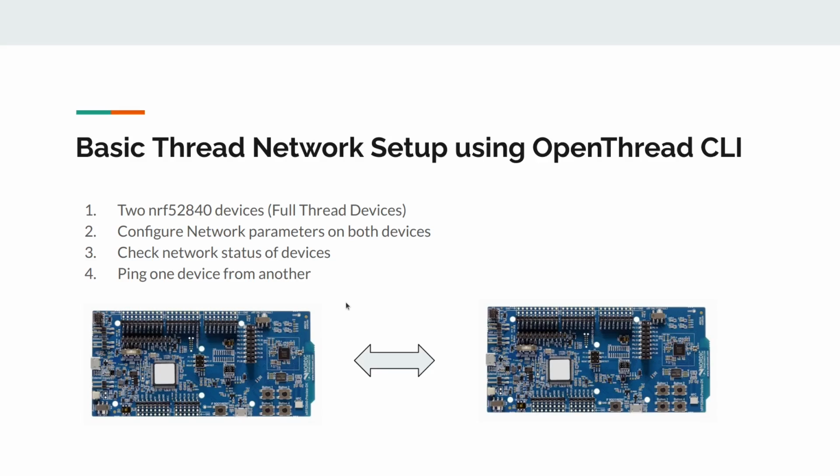And then we would go to a second example, which would be the communication between two nRF52840 devices. These would be full thread devices, and we would use OpenThread CLI to configure the network. OpenThread CLI is basically a firmware that we would flash onto both devices, and then from the UART we can interact with the device.